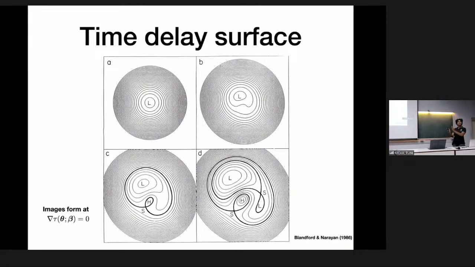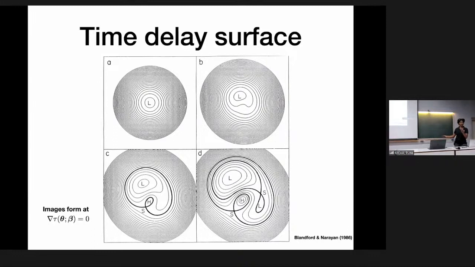When the lens is sufficiently well aligned with the background source, then you have these different peaks or dips or locations which are called saddle points in the time delay surface, which correspond to the locations of the images. So here L stands for low, H stands for high.